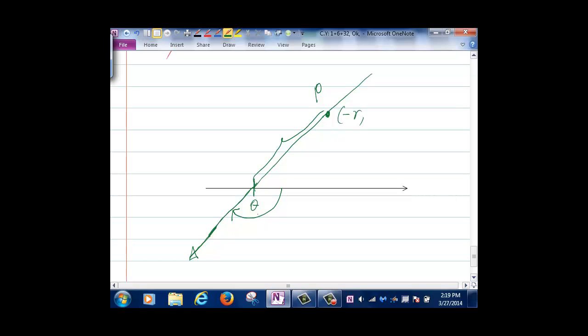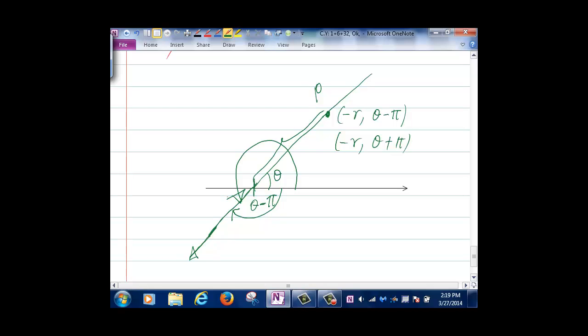If I relate it to the previous theta, what would this angle be? Remember we called this angle theta. So this would be theta minus pi. In fact, I could also have said this is negative r, theta plus pi, because if I rotate like this, then I get theta plus pi.